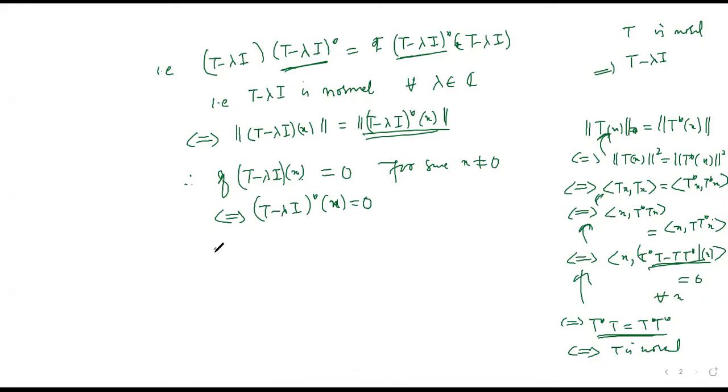So this is what I get. That is, T of x is equal to lambda x if and only if T star of x is equal to lambda bar x, which is what we had to prove. That is, if lambda is an eigenvalue of T then lambda bar is an eigenvalue of T star for a normal operator. So that finishes our lemma 1.